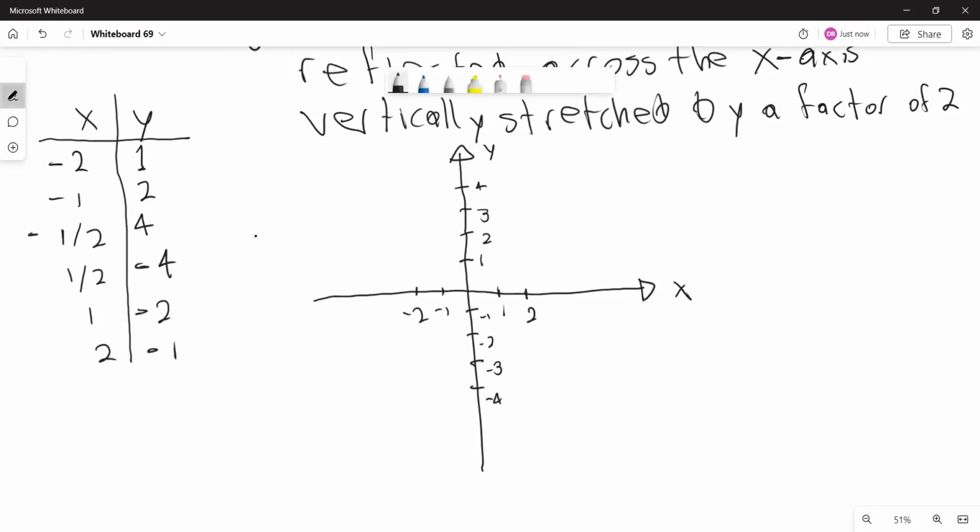Okay, so let's plot the points. We have -2, 1; -1, 2; and -1/2, 4. We have this branch. And we have 1/2, -4; 1, -2; and 2, -1.